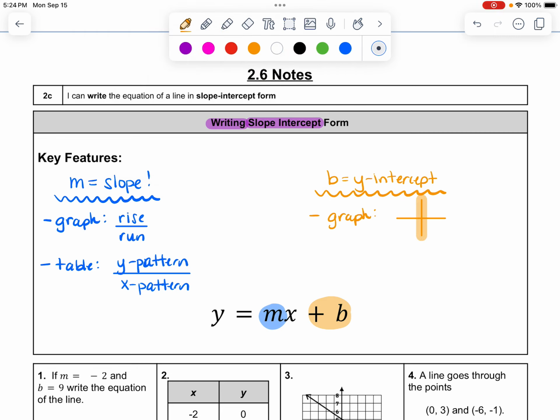If you have a table, then you are always going to look for the place in the table where the x value is 0, because the y-intercept always has an x value of 0, and whatever number is in this spot is the b.